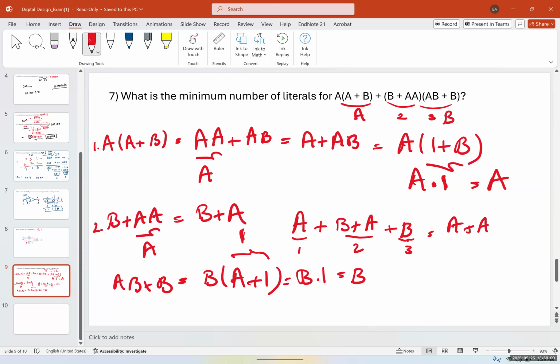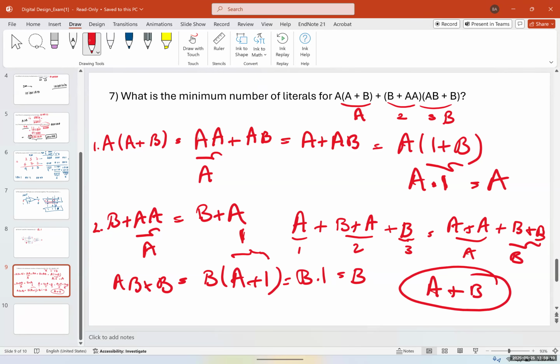What is A plus A? What is B plus B? So the answer would be A plus B. Again, there are different ways to solve it. This is one of the easiest ways.